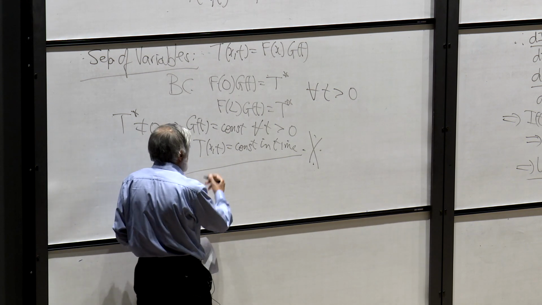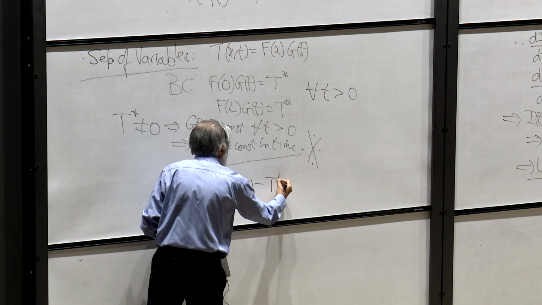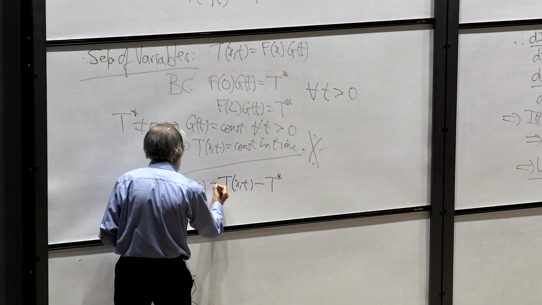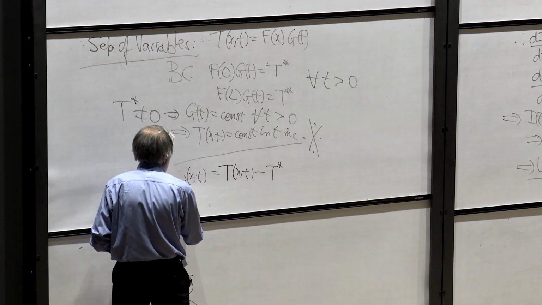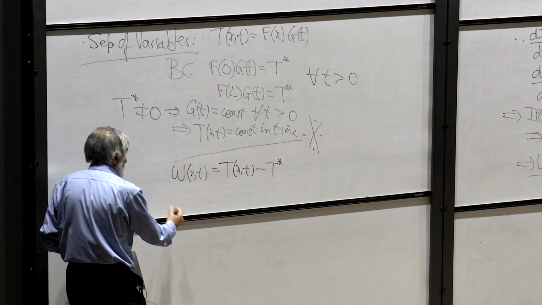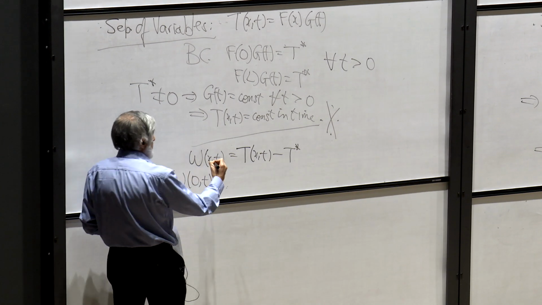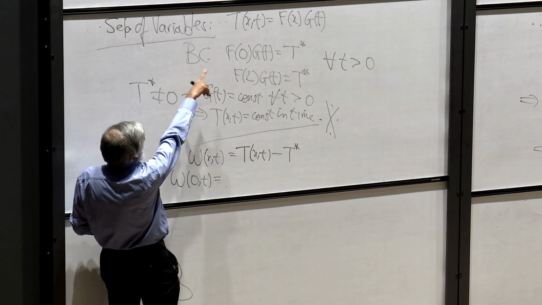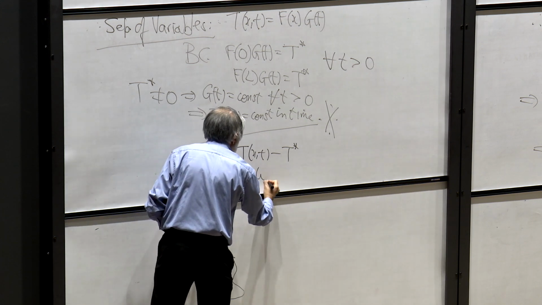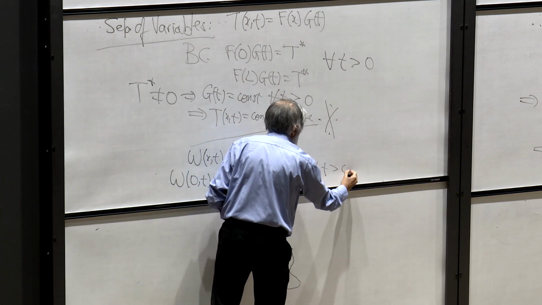Instead of looking at T, let's look at T of x,t minus T star. Let's call that S of x,t. Or no, call that W of x,t. Now look at that W. W of 0,t is equal to 0, and that's also W of L,t for all little t bigger than naught.